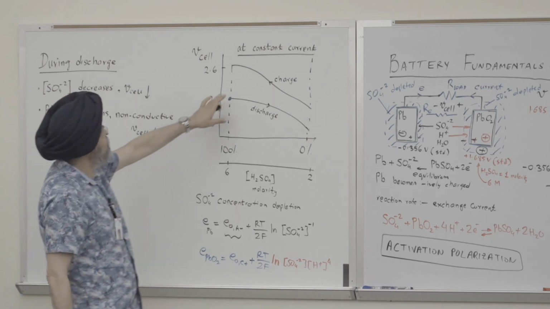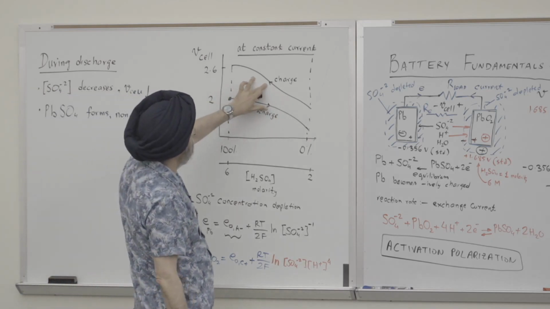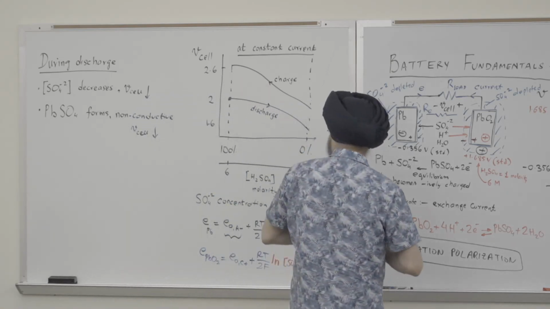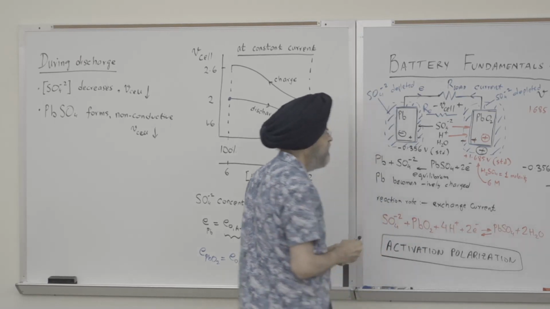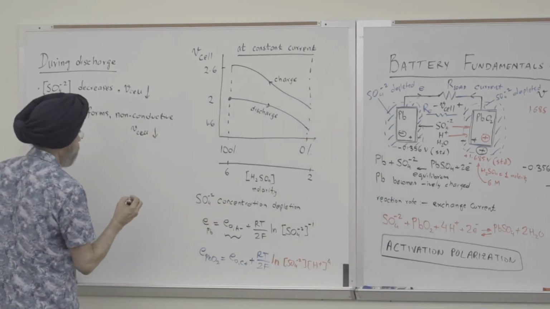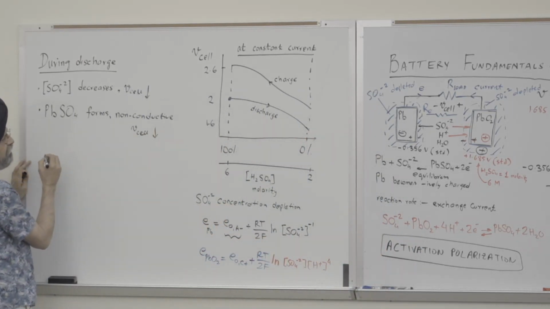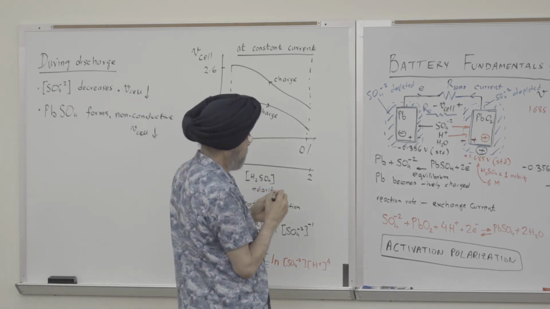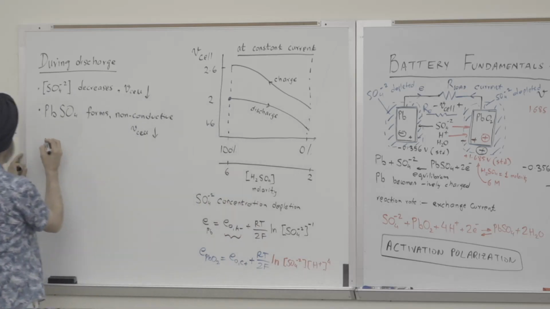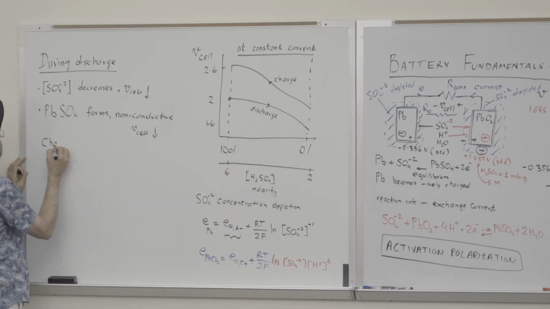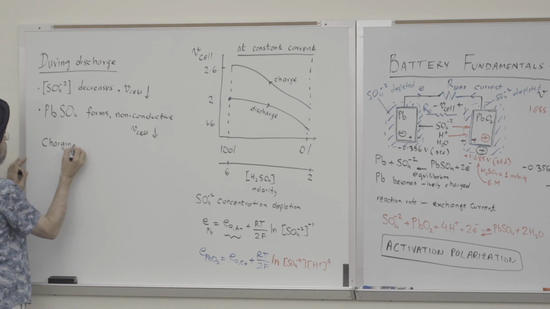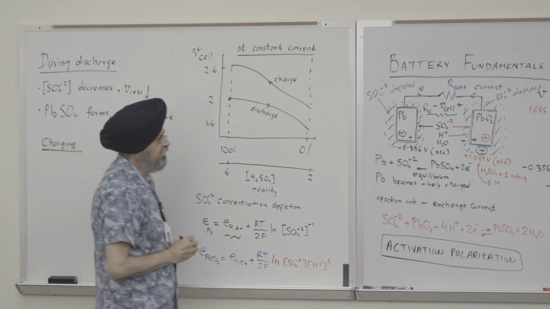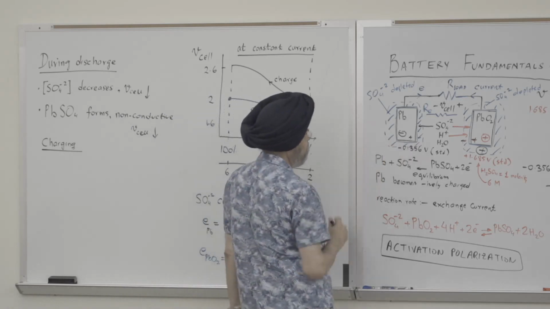Now during charging, why do we have higher voltage? Why do you have this shape of the curve? So let's do charging now. During charging, the reactions reverse.